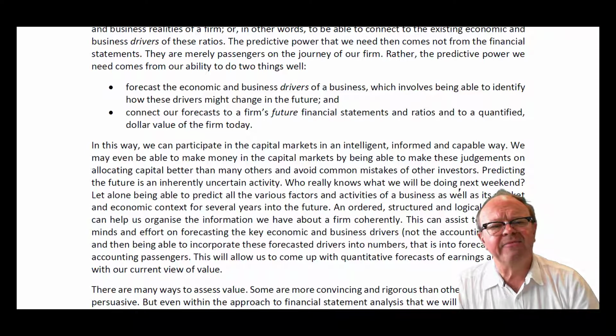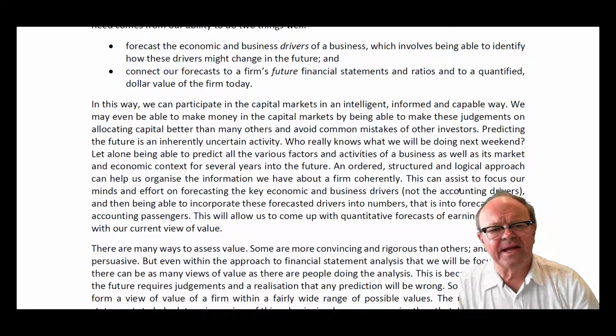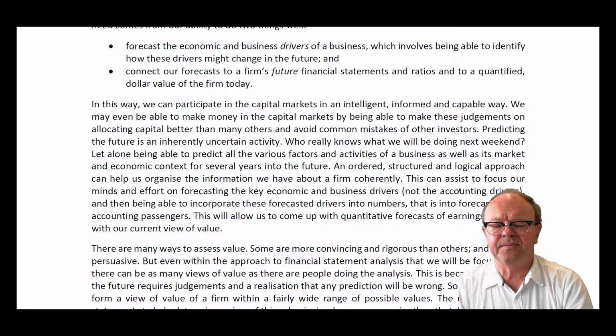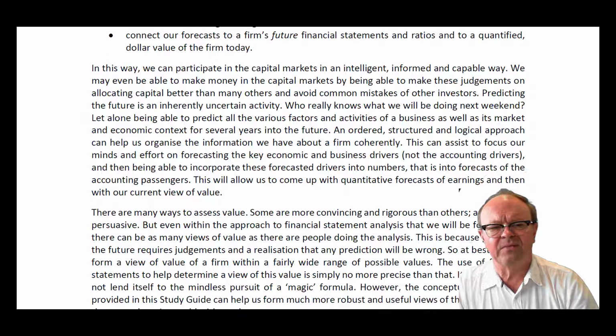Rather, the predictive power we need comes from our ability to do two things well. Forecast the economic and business drivers of a business, which involves being able to identify how these drivers might change in the future. And connect our forecasts to a firm's future financial statements and ratios and to a quantified dollar value of the firm today.